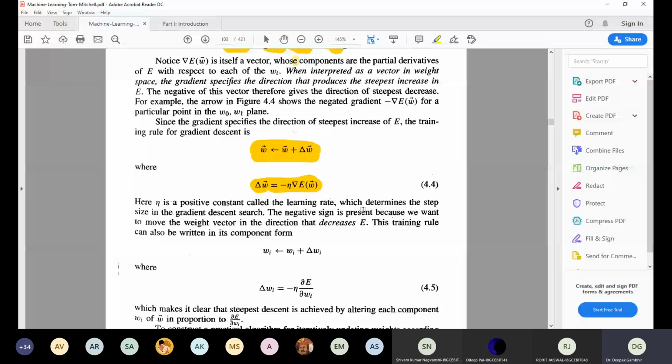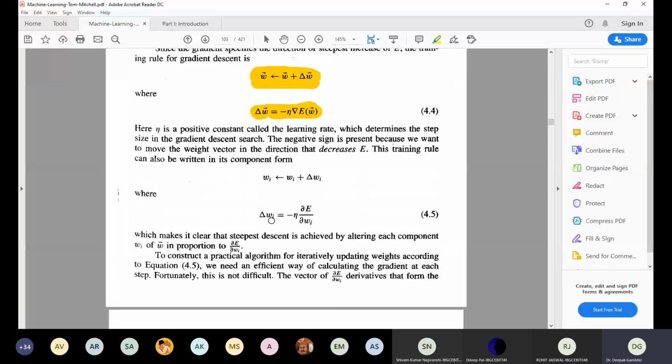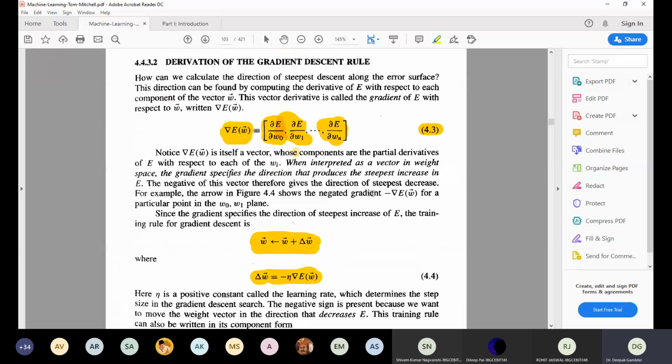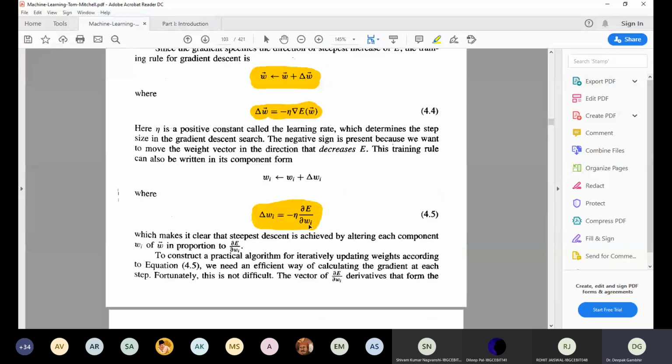Or we can also write in short that the change in weight is equal to minus the learning rate times the partial derivative of the error E, that we have computed here, with respect to each weight W.